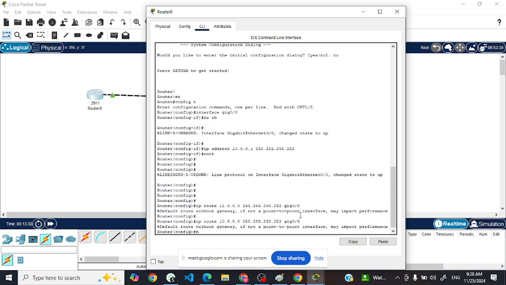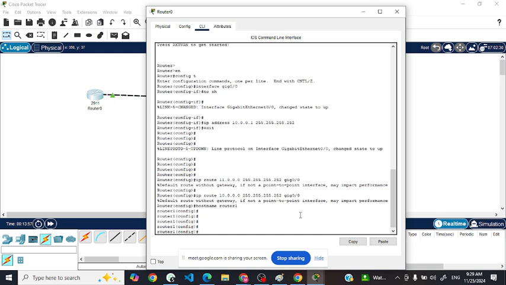Let me change the host name to router 1. Okay.